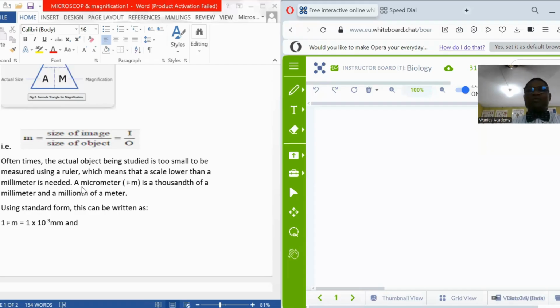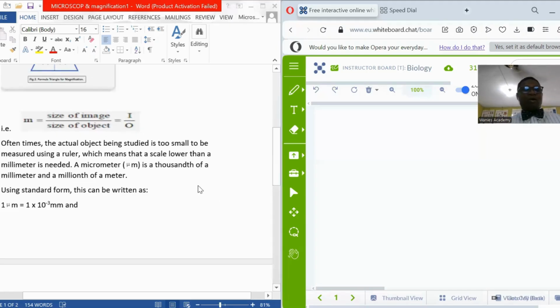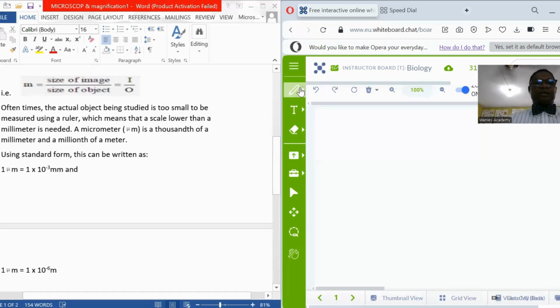The unit of measuring length can be meter, centimeter, or millimeter, but a smaller scale lower than the millimeter is needed. So the micrometer is used in measuring such objects. The micrometer is 1,000th of a millimeter or a millionth of a meter.